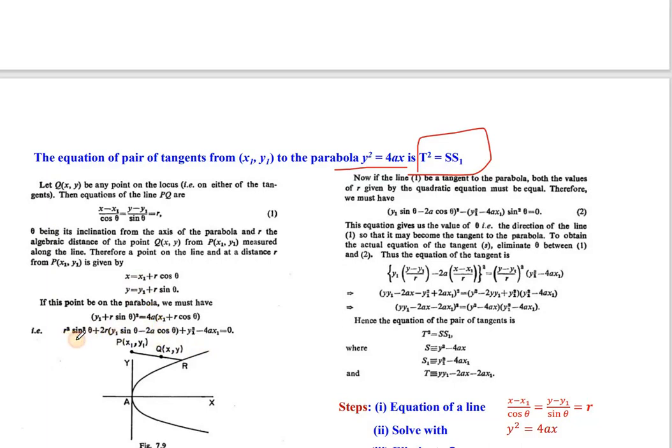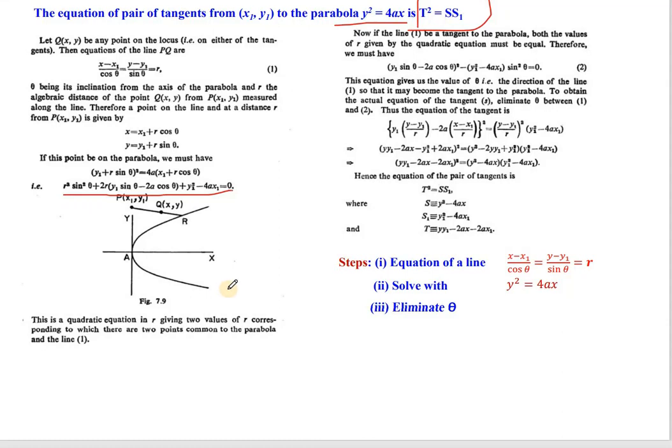On simplification we can get this as a quadratic equation in r, and in that case this one will meet in two points, but we want it to be tangent, so we'll have to have the roots coincide. So if we have the roots r1 and r2, we want them to coincide.